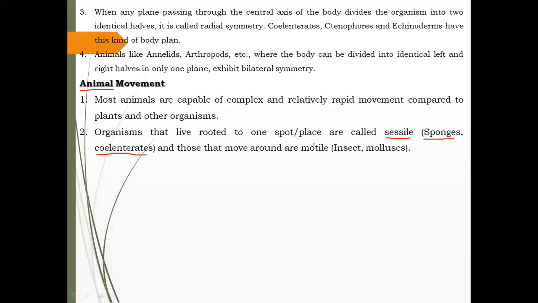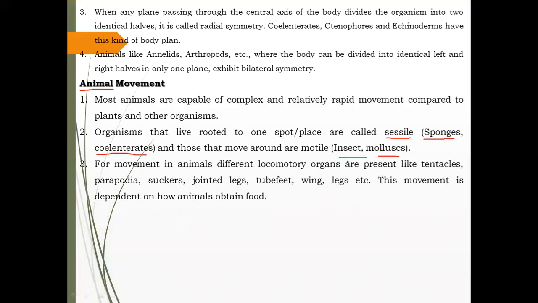Do you understand? And those that move around are motile, meaning the remaining animals. For example, insecta and mollusca; these animals are motile. They are movable. They easily move from one place to another place.